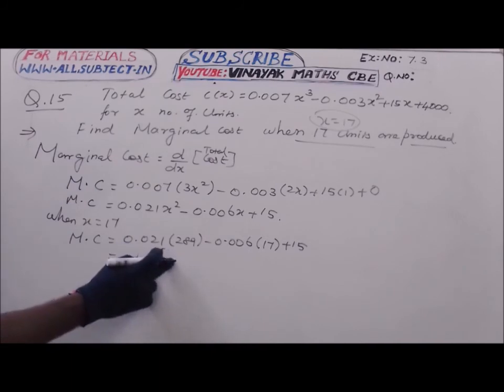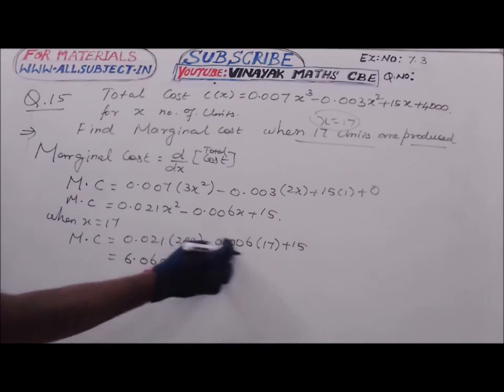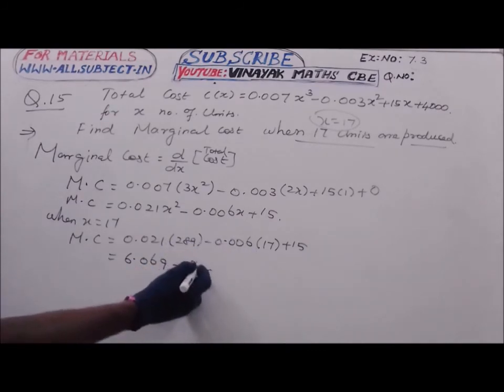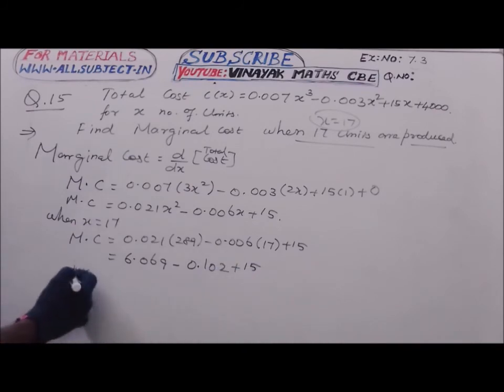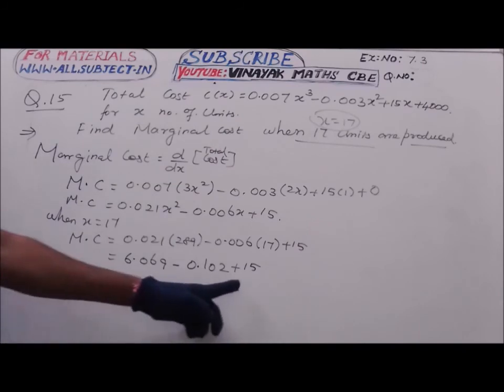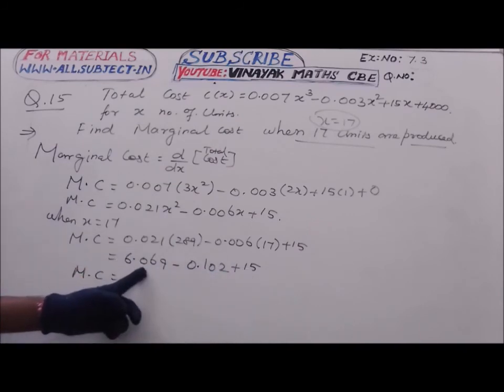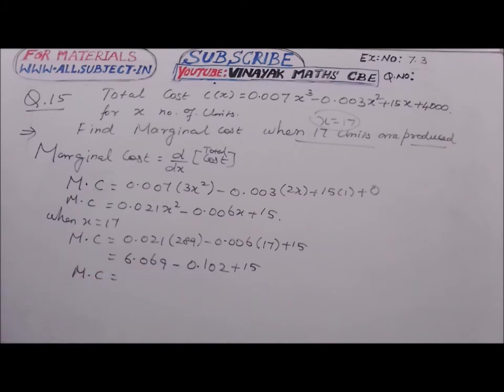Multiplying these two, we will get 60.69, and multiplying these two values, 1.02, and then plus 15 added. Now simplifying, 21.069 minus 0.102 is equal to 20.967. So the marginal cost for 17 units is 20.967.